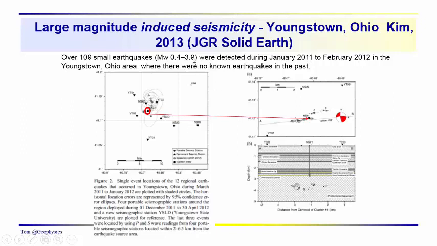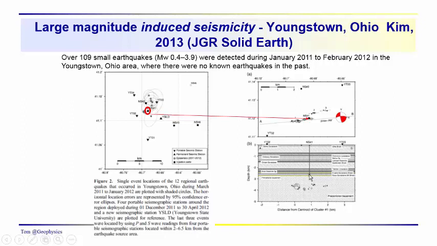Of the larger events, first of all, I should mention that the injection was between about 2,500 and 2,800 meters here in the open hole base of the well. It was cemented down to about 2,500 feet, and then injection was into the Knox Formation and the Mount Simon Formation, which both have about 10% porosity in this area.